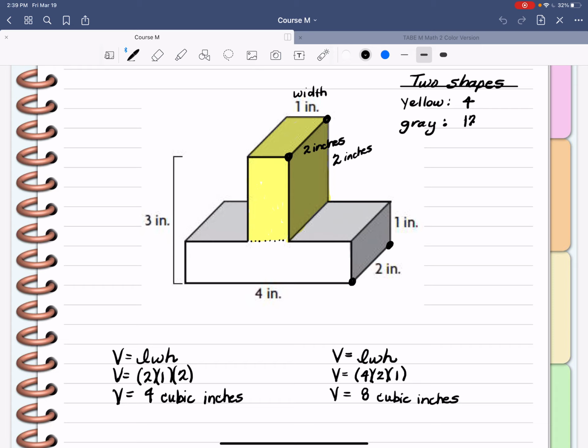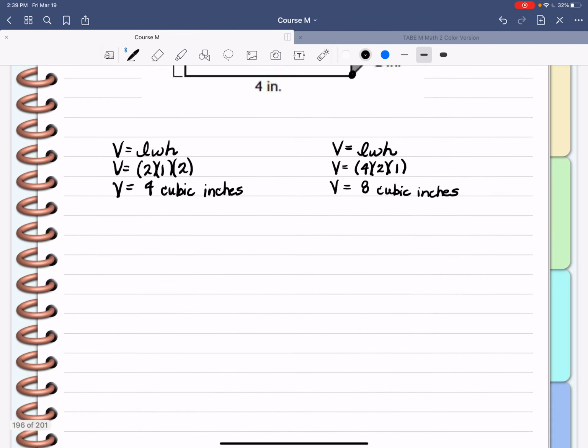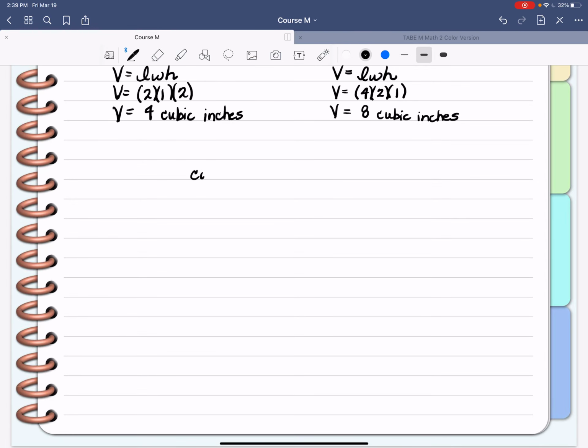And when you put those together, sorry, I jumped the gun, add those together, you get 12. So the composed volume is 12 cubic inches, or 12 inches cubed.